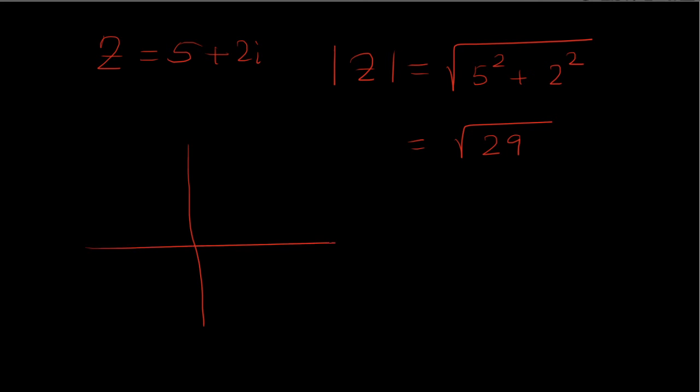Now graphing it, we're going 5 across in the real axis and then 2 in the imaginary axis. And then we'll see where they meet. So they meet at this point here. Okay, so what we found was the distance here is square root 29.